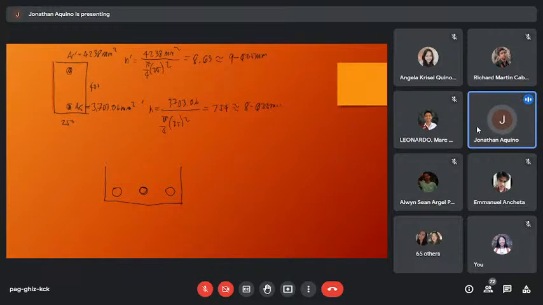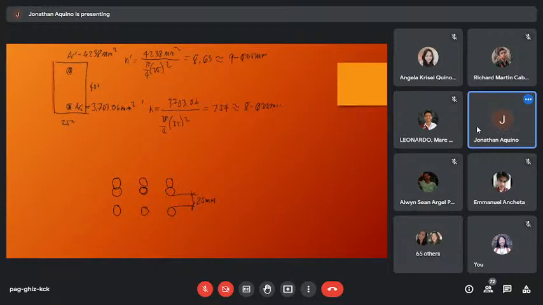Pag tatlong bakal, so we said tatlong layer ang gagawin natin. So there are several possible arrangements. It would be like this one. 2-bar bundle on the first layer, then another single bar on the second layer. So from the code requirement, the clear distance between layers should be at least 25 millimeter or more.